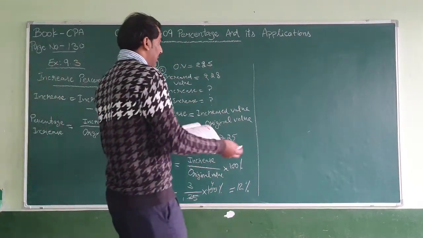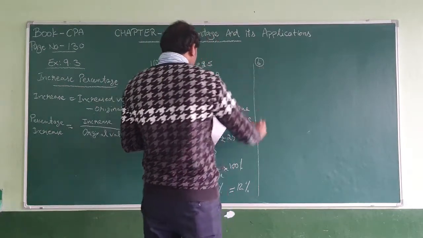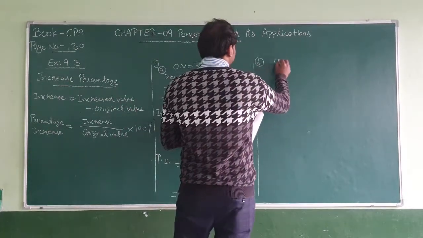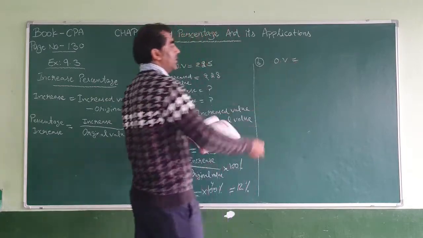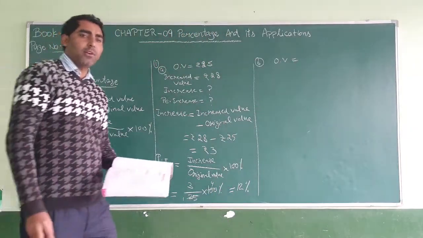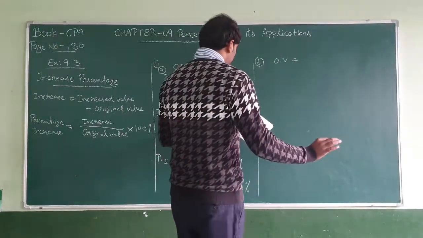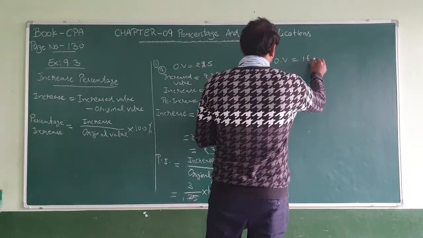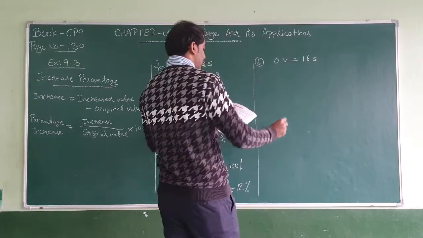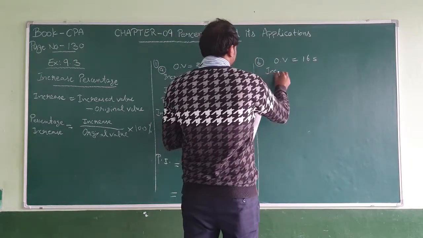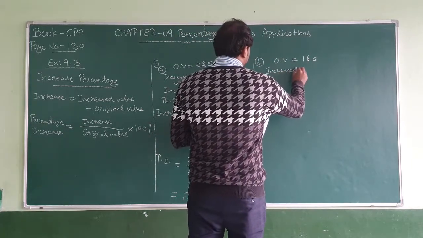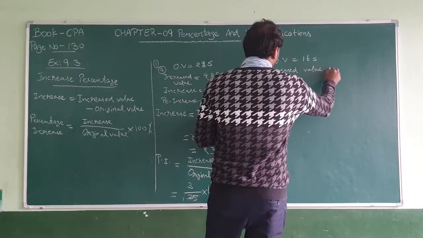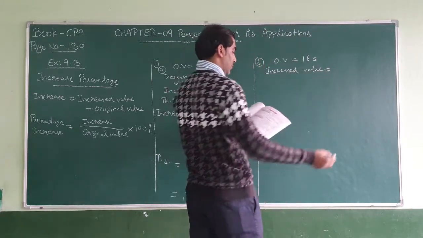Suppose we have part B. Original value is 16s, these are the short forms, otherwise you will write in full. Increased value has no value.